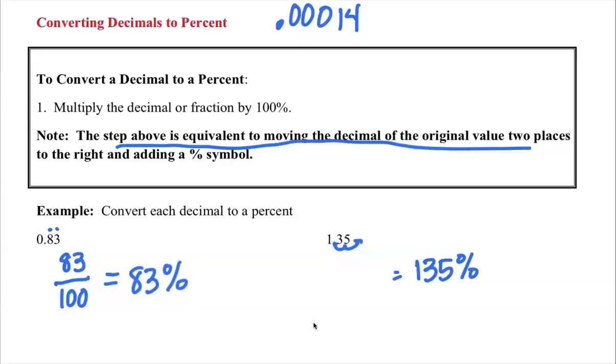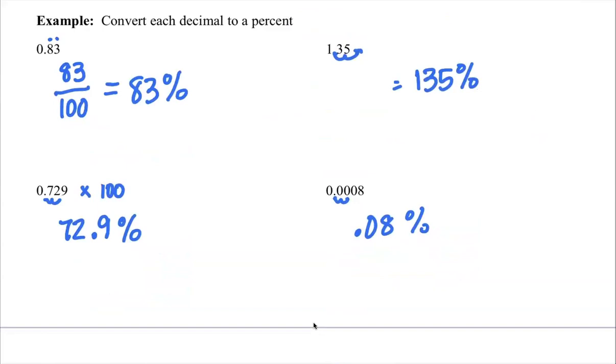Okay, so we left off at this last example, 0.0008. If we move that decimal 2 to the right, it would be sitting here. And so we would have 0.08%.